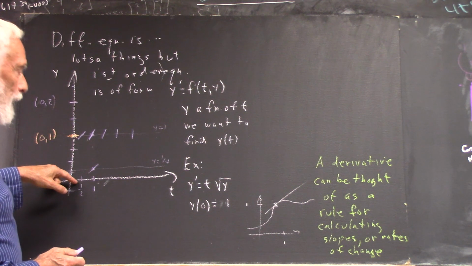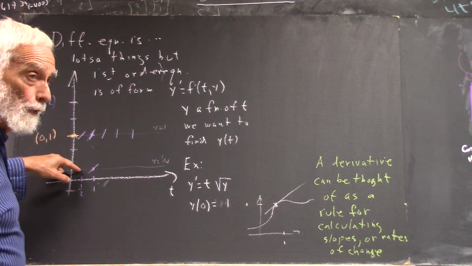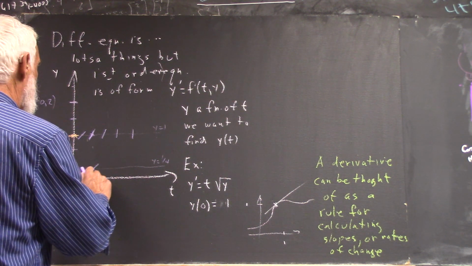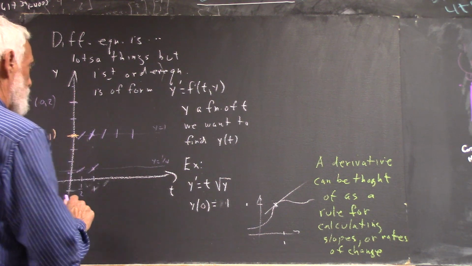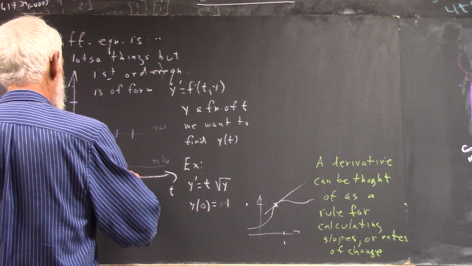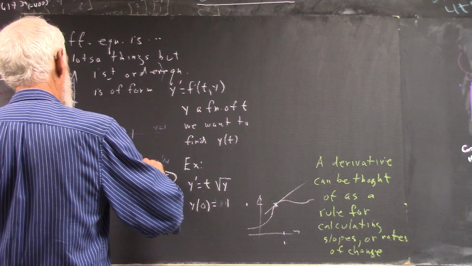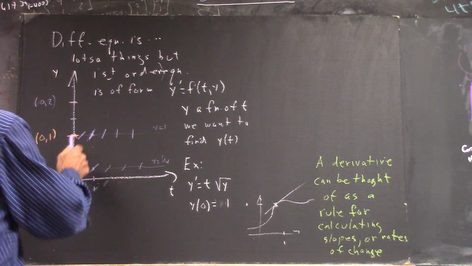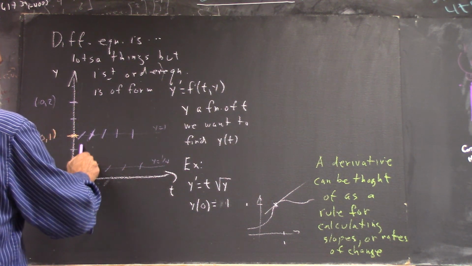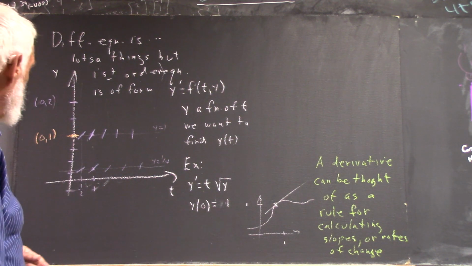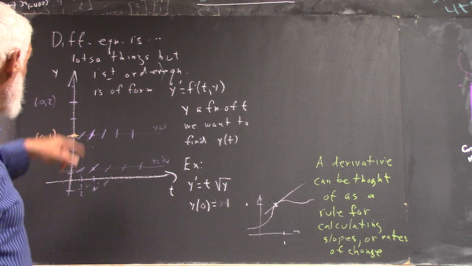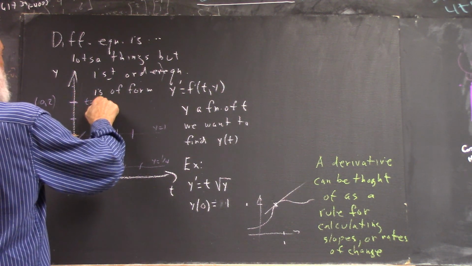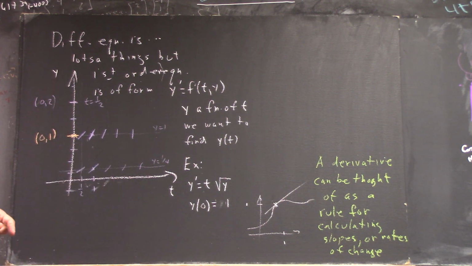Okay? At 1/2, the slope would be 1/4, right? I mean, at this point here, the slope would be 1/4. That'd be something like this. And then the slopes do get steeper, but they're not as steep as they are up here. Now you could also look along this line, which is the line where t equals 1/2.